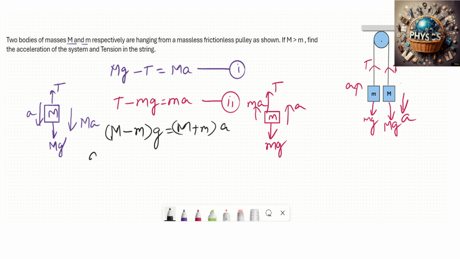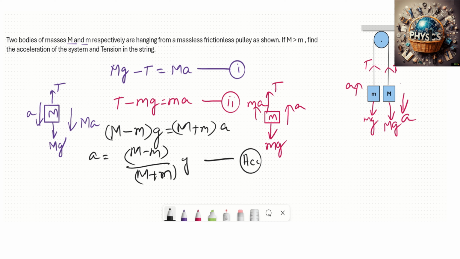So we get a equal to capital M minus small m, divided by M plus small m, into g. So this is our acceleration.